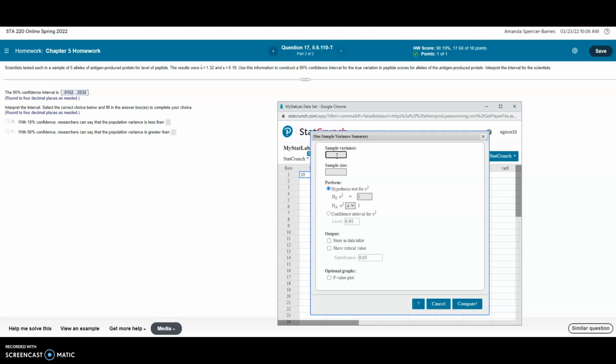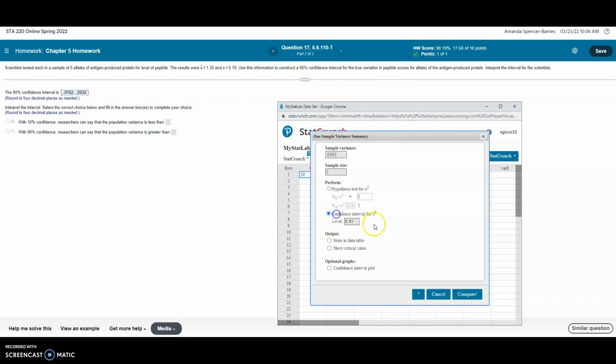So we need to be very clear that if we are given the standard deviation, and in this case it's 0.19, we have to square that standard deviation in order to get the variance, because the square root of the variance gives us the standard deviation. So when we square 0.19, we get 0.0361. Our sample size in this question is 5.